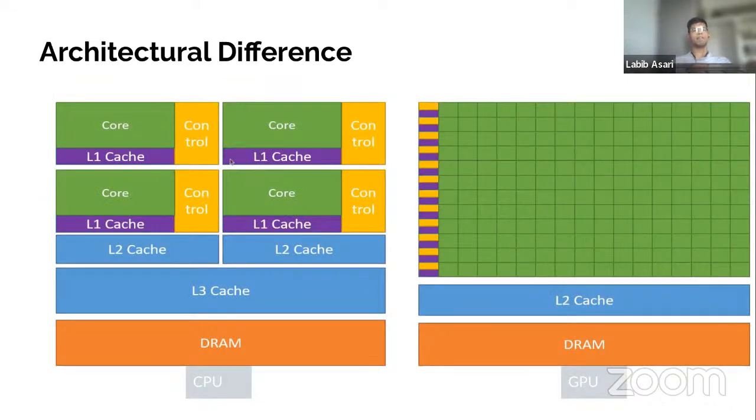On the left hand side we have a multi-core processor, which is the CPU. Generally we get to see 4 to 8 processors. This is an example of a 4-core processor. It has 4 processing units, the green parts of the image, and each of them can operate independently. But we cannot increase it beyond 4 or 8 or maybe 16 or 32. We cannot make it 1,000 or a million.